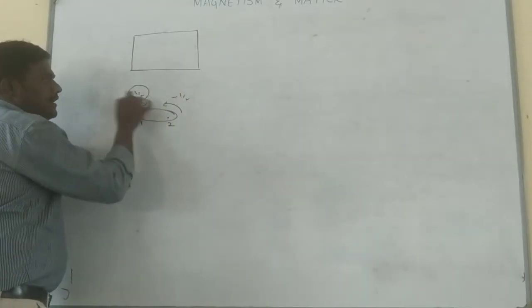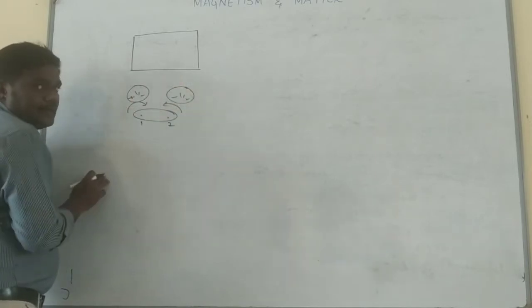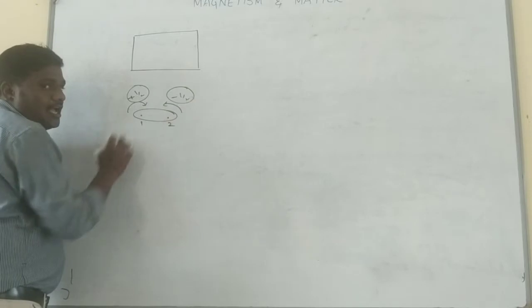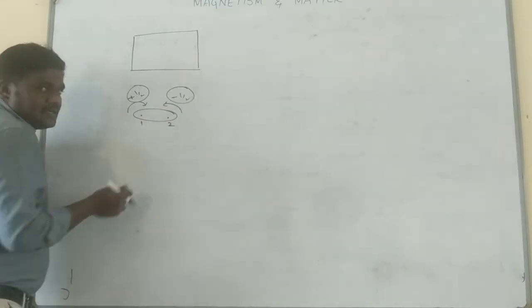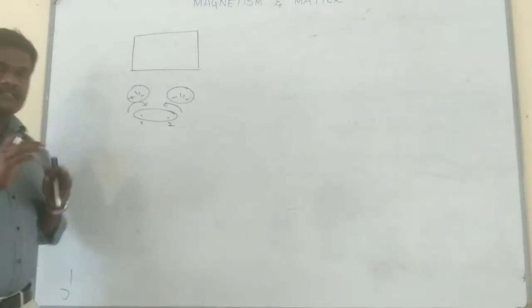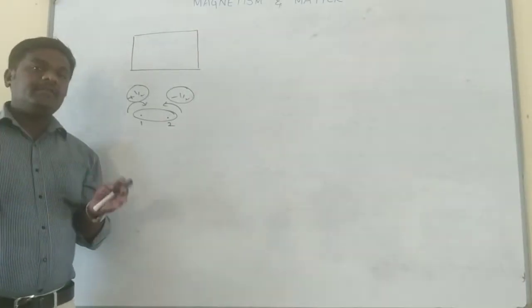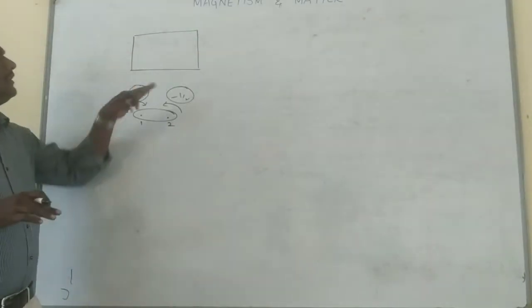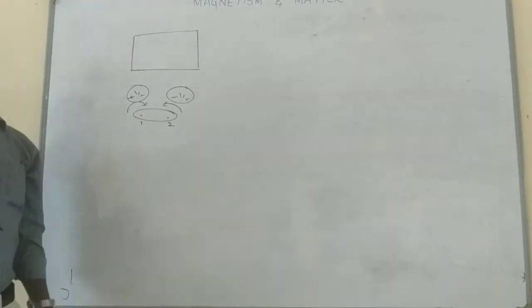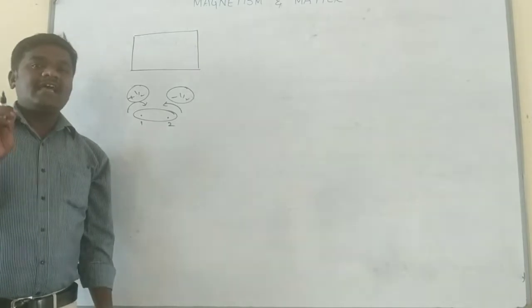Each will have a certain magnetic moment. The magnetic moments are the same in value, but the directions are opposite. Since they are in the paired state, the net magnetic moment becomes 0. Since the net magnetic moment of individual electrons is 0, the total magnetic moment over the sample also becomes 0. That's the reason why bismuth exhibits diamagnetism.